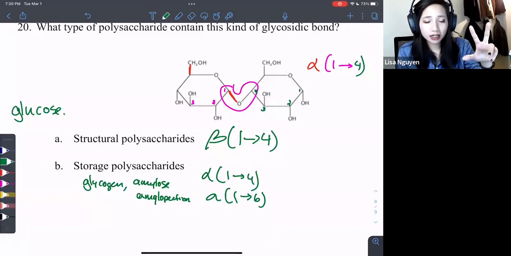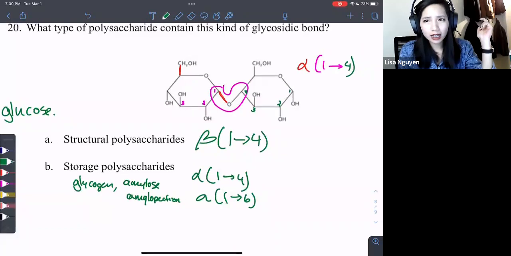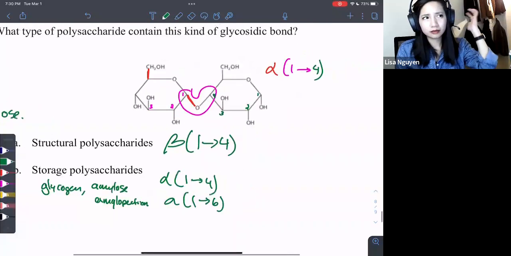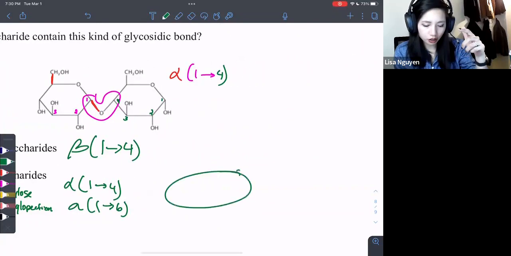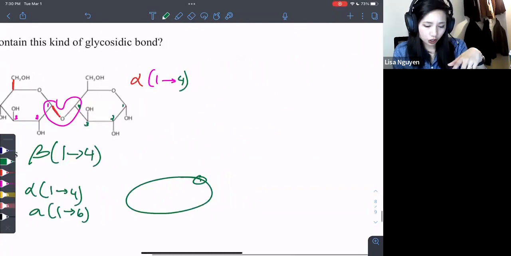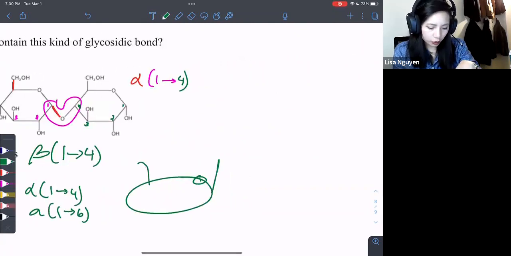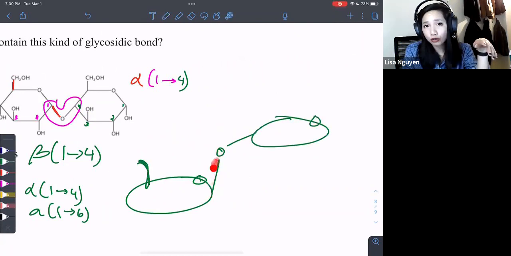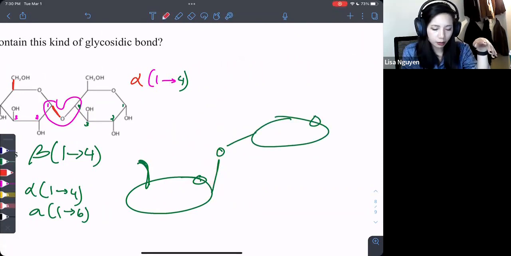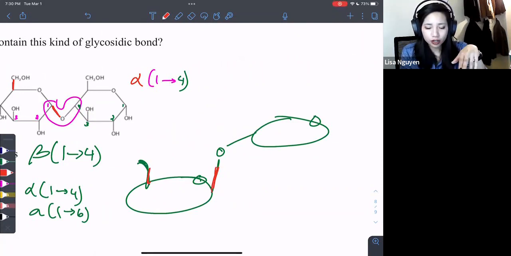Yes, because if you go back to the in-class example, what you see with the beta structure, so here's my sugar. Beta, and there's my tail, carbon 6. Beta linkages look something like this. Remember the direction of the bond: the glycosidic bond is cis to carbon 6, so this would be beta.